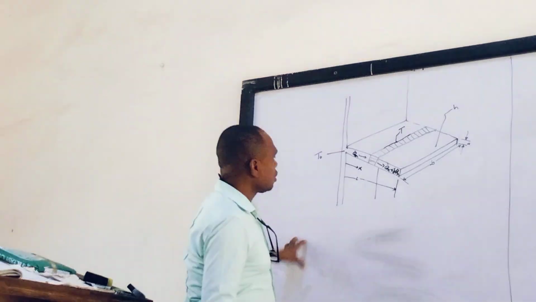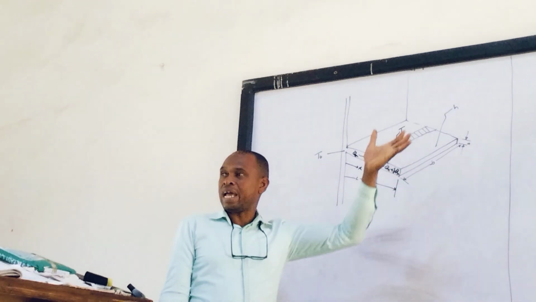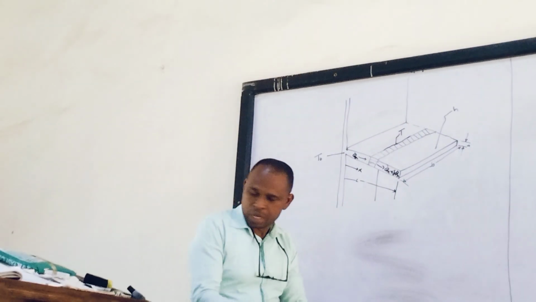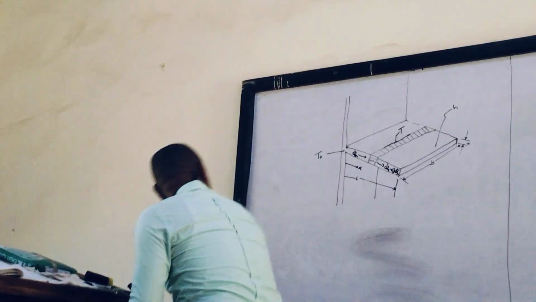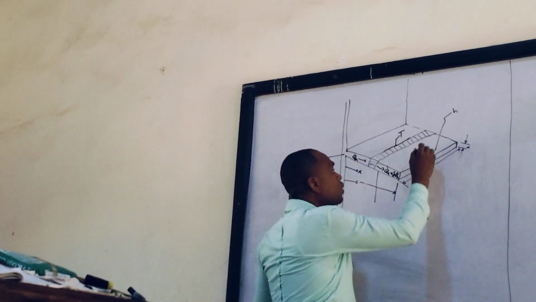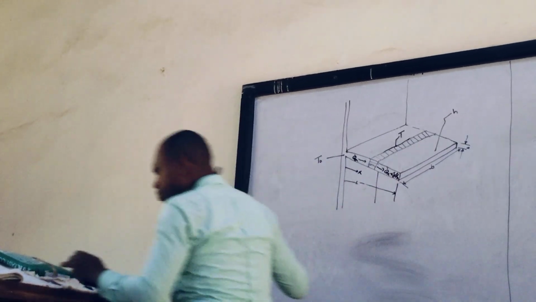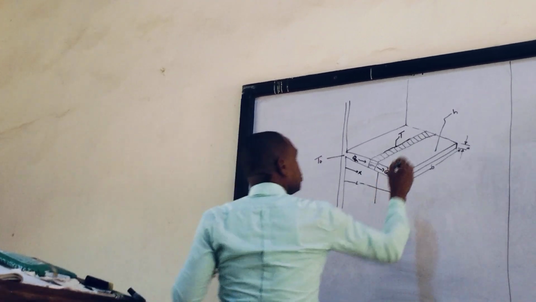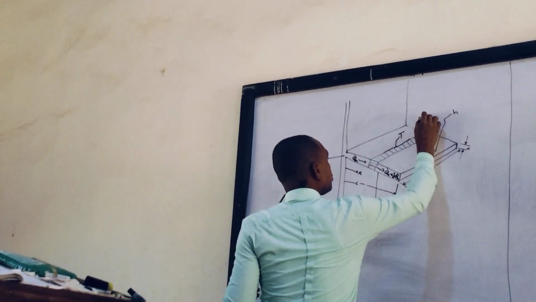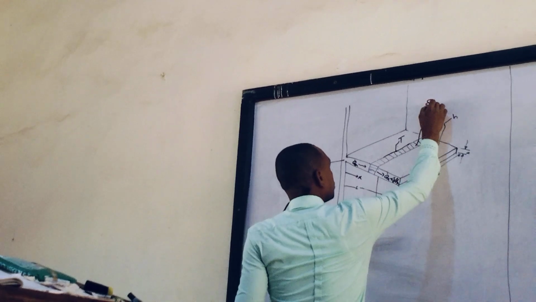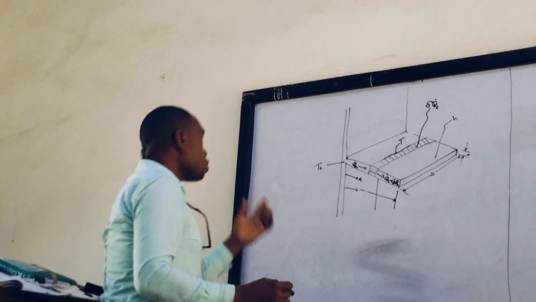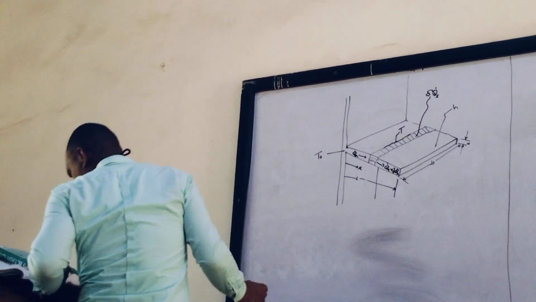Of course, this has a lateral surface, and heat also goes out from the lateral surface. So the heat that goes out from the lateral surface is, we can say, US goes out from the lateral surface.